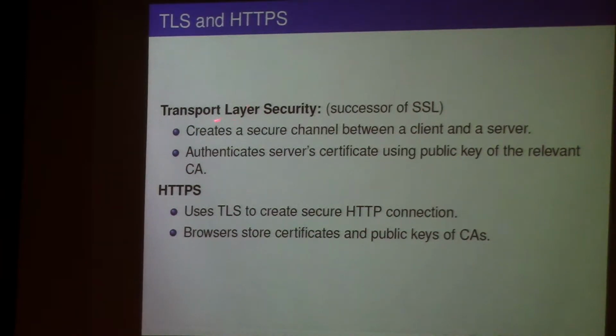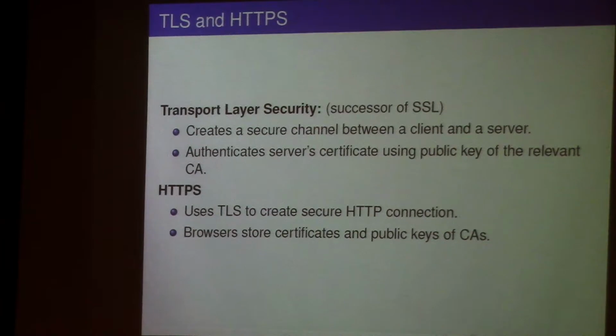The goal is to create a secure channel between a client and a server. So how does TLS work? The client opens a connection to the server and asks for the server's public key. The server sends its public key and its certificate.